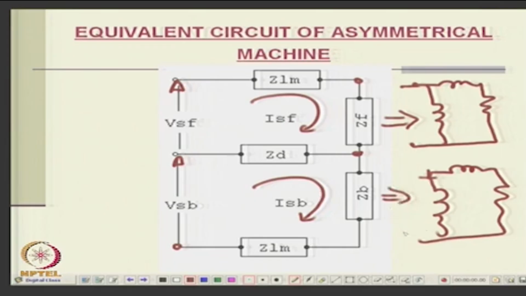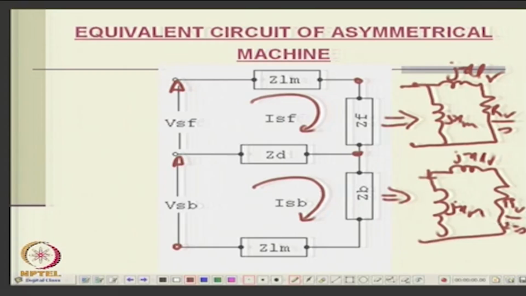Okay. This will be JXM, RR by S, JXLR, JXLR, JXM, RR by 2 minus S. Please note that it is not XLR by 2 here, do not confuse with the thing, because it is not a single phase machine, it is 2 phase machine.